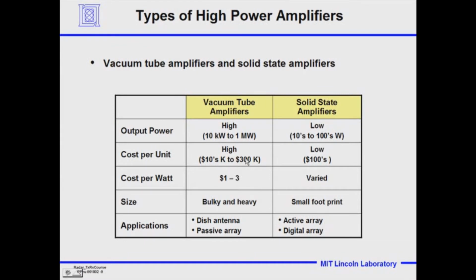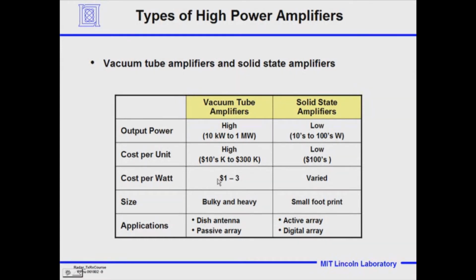You can see one vacuum tube amplifier, a traveling wave tube, can cost $500,000. Solid state amplifiers, individual ones, on the other hand, can be in the hundreds of dollars, but for an individual amplifier. But when you package them together in a whole transmit-receive module and look at the cost per watt that comes out, it's quite different.